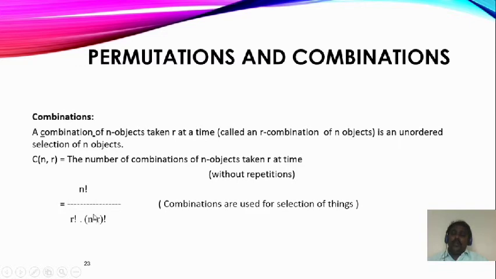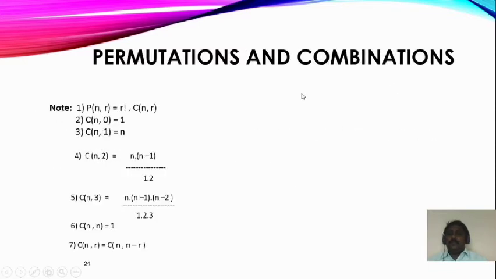So this is the formula for combinations. Combinations are used for selection of things. If anyone asks why we use combination, we can simply say that combinations are used for selection of things, and the formula for the combination is nCr equal to n factorial by (n minus r) factorial into r factorial.